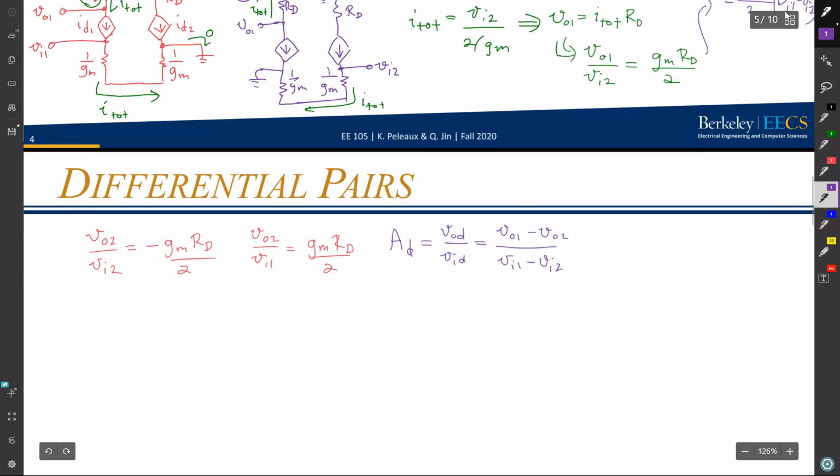Similarly, we can take our VO2 expressions and say that VO2 is equal to, I'll leave that term the same, GM RD over 2 times VI1 minus VI2.